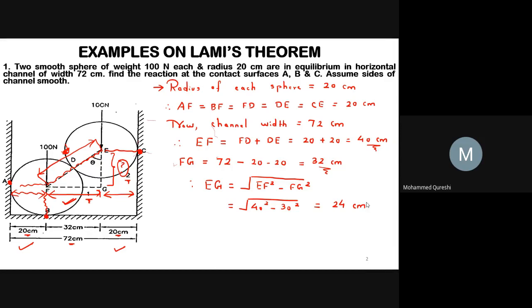Now here the theta is given, but it is unknown for us. So we will write related to cos theta. Cos theta will be EG upon EF.